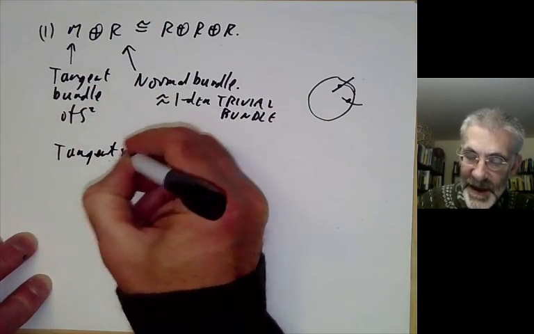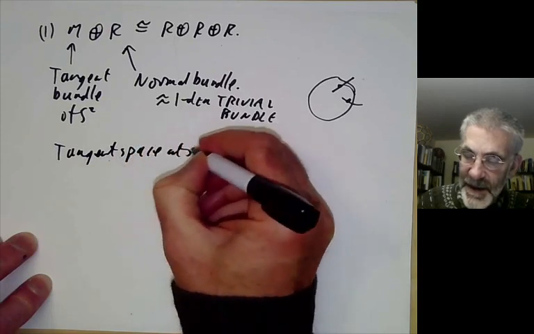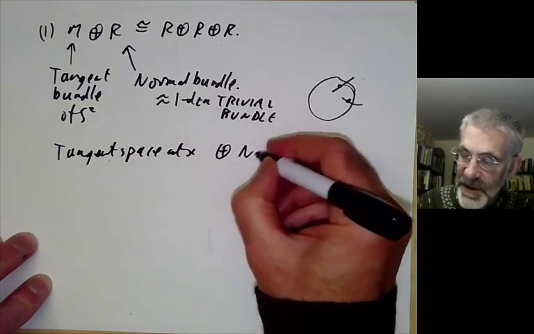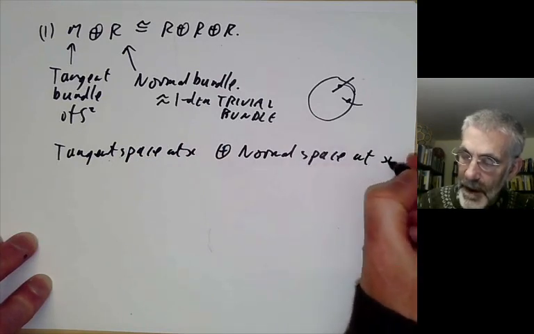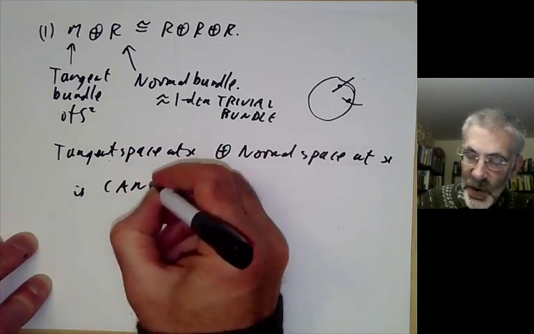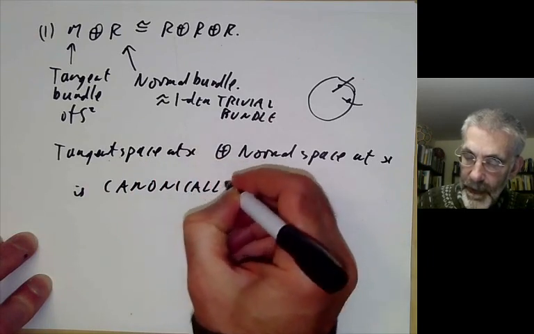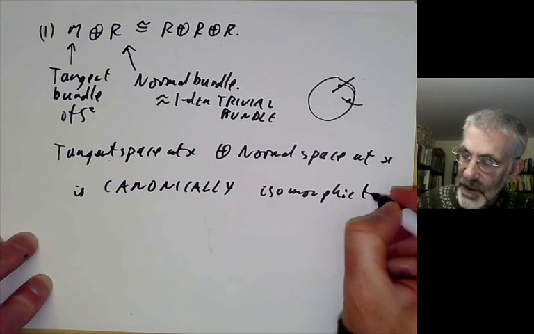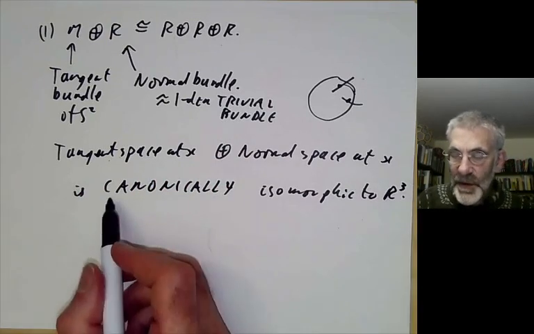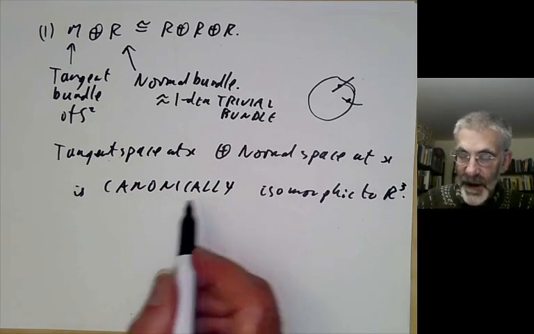So the tangent space at x plus the normal space at x is canonically isomorphic to R3. And it's important that it should be canonically isomorphic.